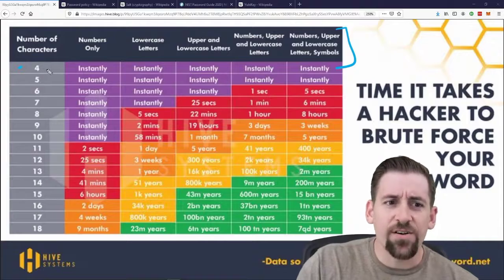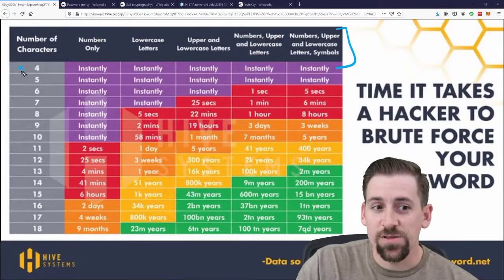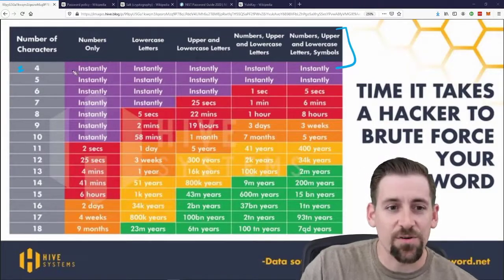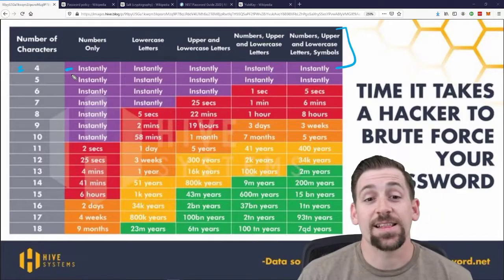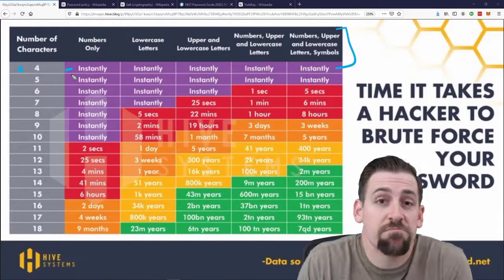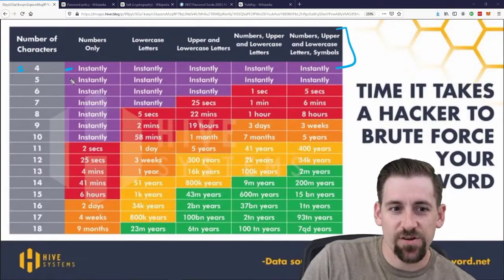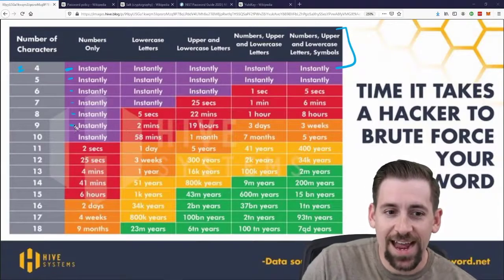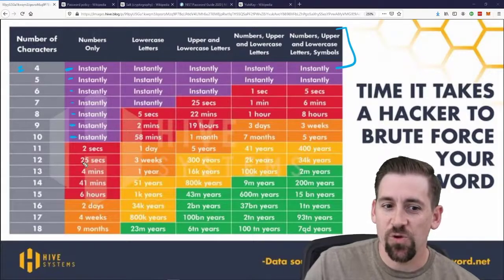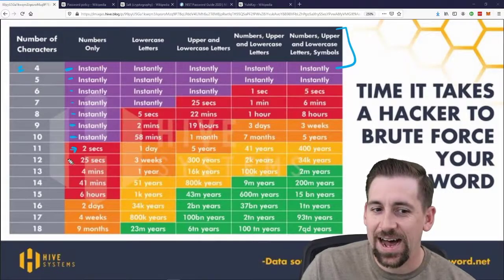And so if our number of characters is relatively low, let's say 4 characters with just numbers, an algorithm could crack this password instantly. Again, with numbers only, we have to get to a very high character threshold to even require some time to do this.